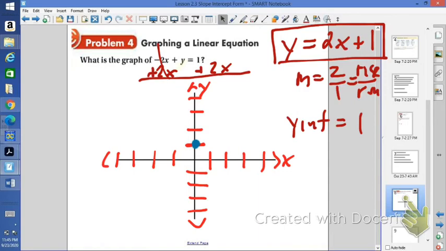And then the second point, we're going to get using our slope. So our slope is 2 over 1. So from this point right here, we're going to go up 2. So 1, 2, up 2.